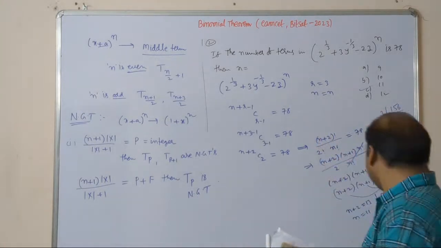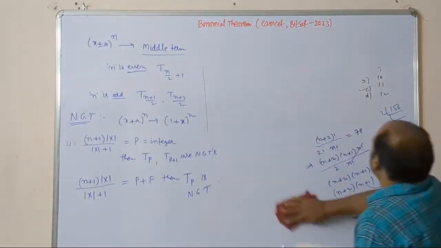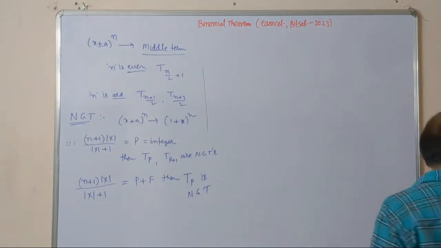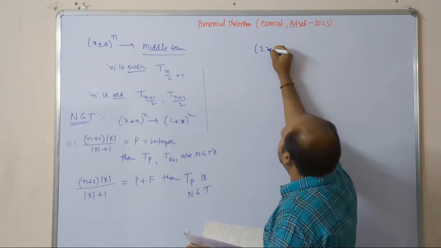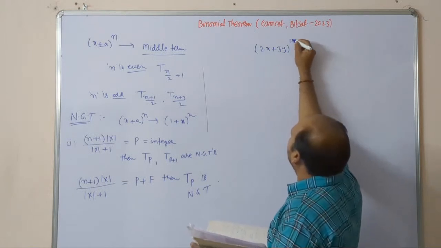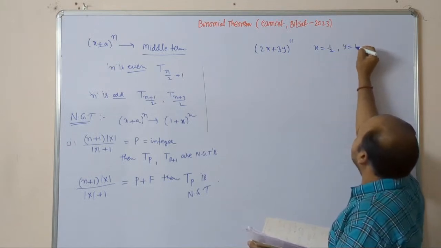So how they will ask the question is, just write this. In the expansion (2x+3y) whole power 11, x is equal to 1 by 2, y is equal to 1 by 3.